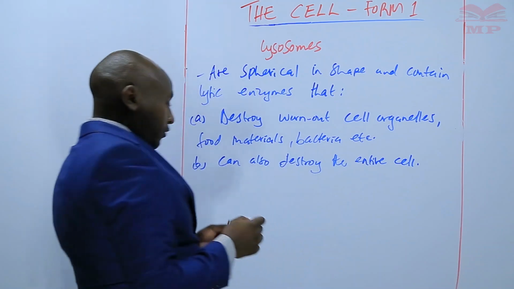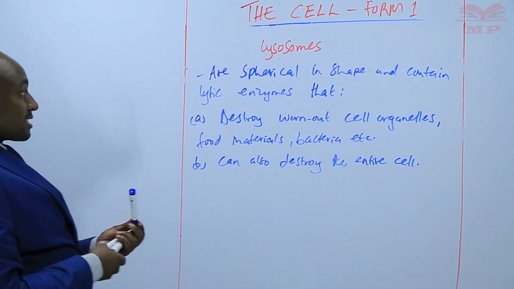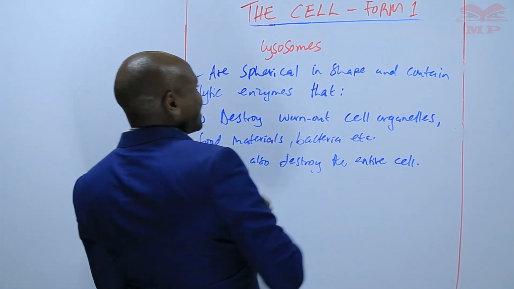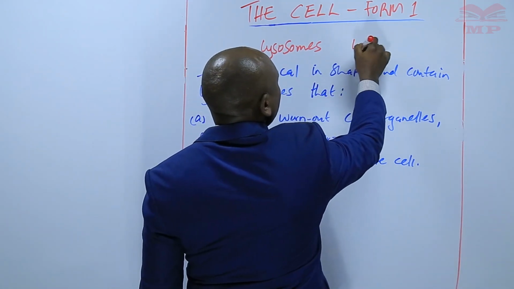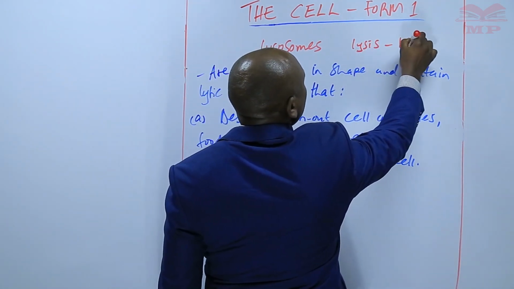So that is the work of the lysosomes. And as we are saying, they produce enzymes, and those enzymes do a process that is called lysis, which means to break down.